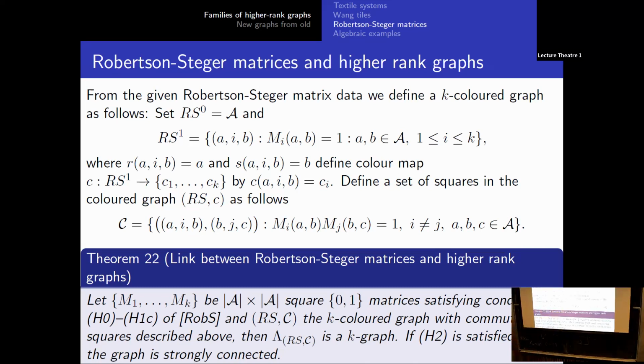That tells you that there's an ij-colored path between A and C. And then if you stare at those conditions hard enough, I will tell you that the resulting k-colored graph has a complete set of squares, and so you get a complete set of squares, but also you get the associativity condition.